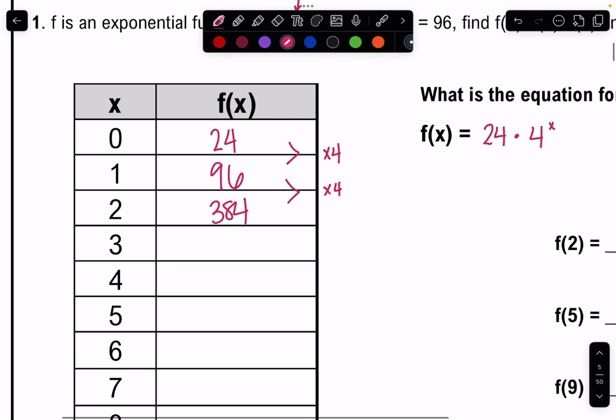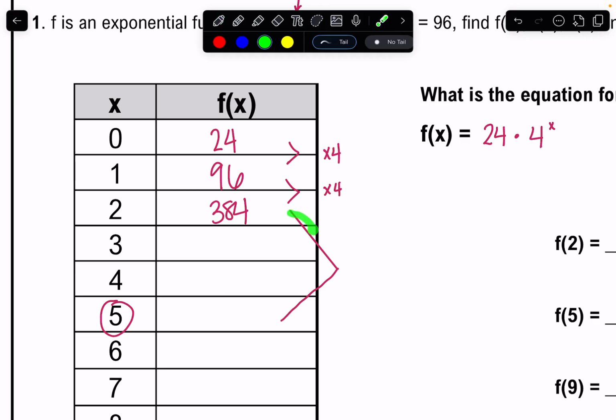If I wanted to find f of 5, this is also another cool trick. I want to find this number here. So from here to here is what I'm trying to find. To go here, I'd multiply by 4 once. Then I'd multiply by 4 two times. Then I'd multiply by 4 three times. So I could take that 384 and multiply it by 4 cubed, right?